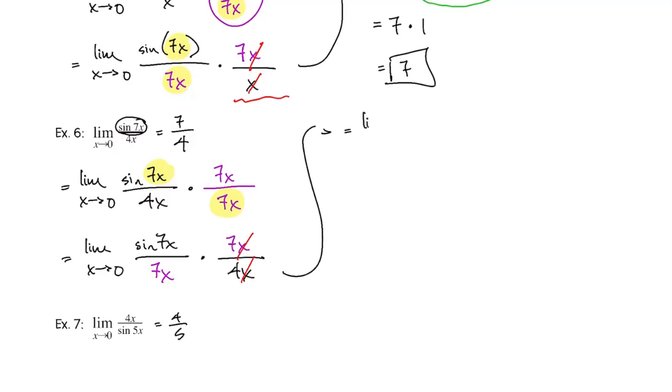This gives me the limit as x approaches 0, sine 7x over 7x times 7/4. 7/4 is a constant. It is not being signed, so I can factor it out to the front.